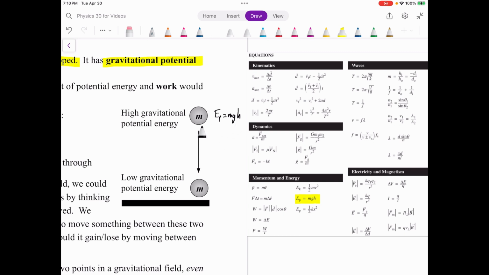Its height would be decreasing, and so it would be losing potential energy. But that's not just disappearing, because we know energy can't be destroyed. It's being converted into kinetic energy, which again, we've used that equation in Physics 30, but you also looked at it a lot in Physics 20, 1/2 mv squared, right? So it's losing height and therefore potential energy, but as a result, it's gaining speed and therefore kinetic energy.